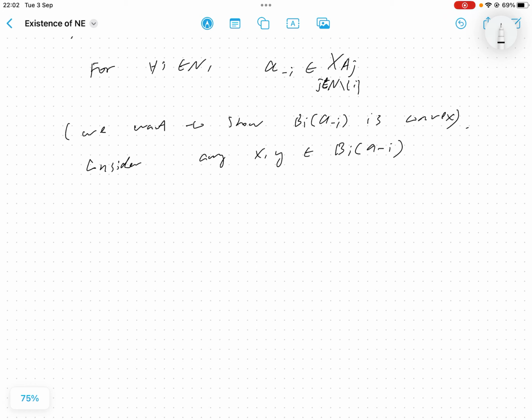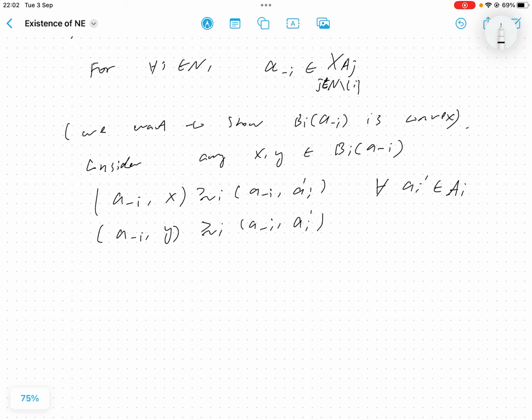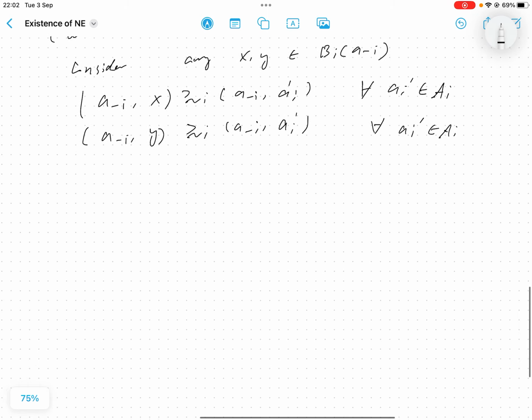So (a_{-i}, x) is weakly preferred to (a_{-i}, a_i prime), and this has to be true for all the a_i primes in A_i. And (a_{-i}, y) is weakly preferred to (a_{-i}, a_i prime). So x and y are pretty much the same thing, just copy and paste.